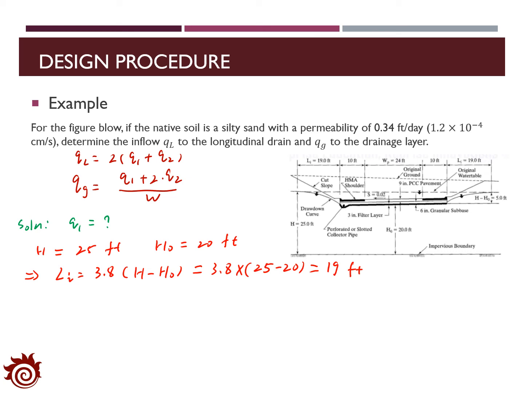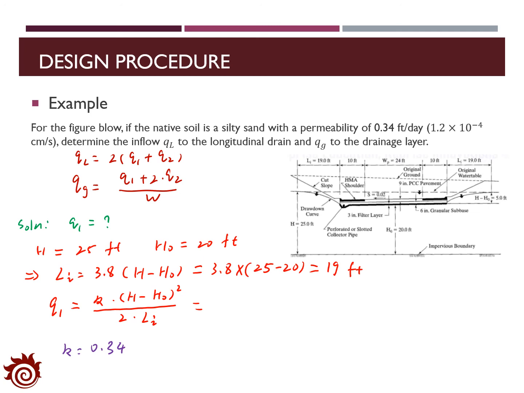And then we can call the equation for Q1 to find out the value of Q1. Q1 equals K times H minus H0 squared over 2 Li. Here we know that K is the permeability of the native soil. So K is 0.34.